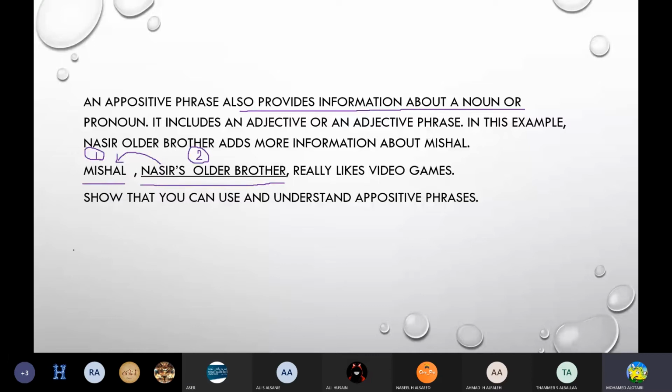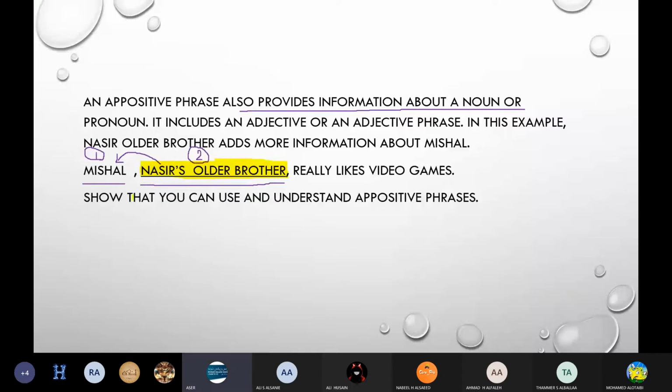If you said Mish'al really likes video games, we can also say Mish'al, Nasser's older brother, really likes video games. Maybe you do not know Mish'al, but you know Nasser, so we say Nasser's older brother really likes video games. We can ellipse this from the sentence and the sentence still makes sense. If we said Mish'al really likes video games, that's a correct sentence.